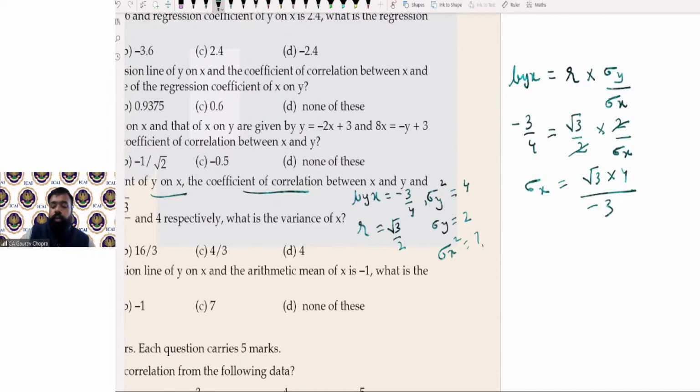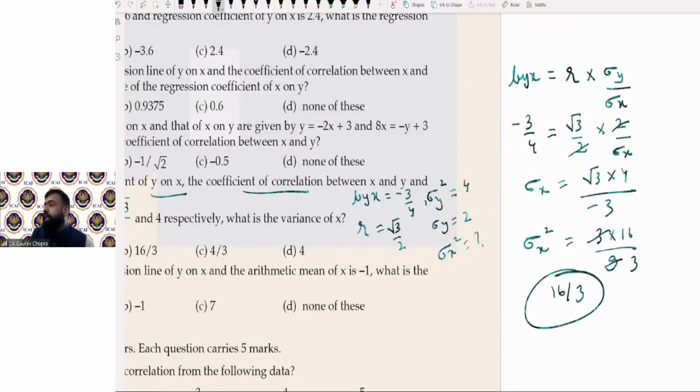Okay, this is the value. अब क्या करना है आपको? सिग्मा x का स्क्वायर निकालना है. तो on squaring, √3 will become 3, 4 will become 16, minus 3 will become 9. So therefore, the final answer is 16 upon 3. This is the variance.